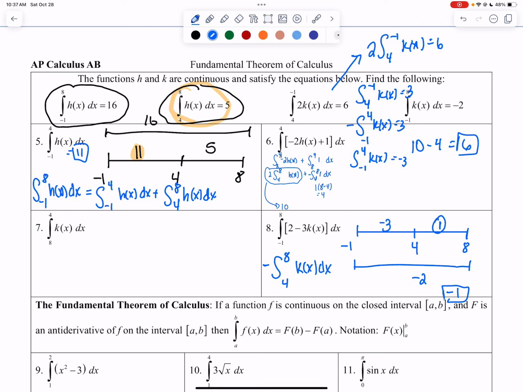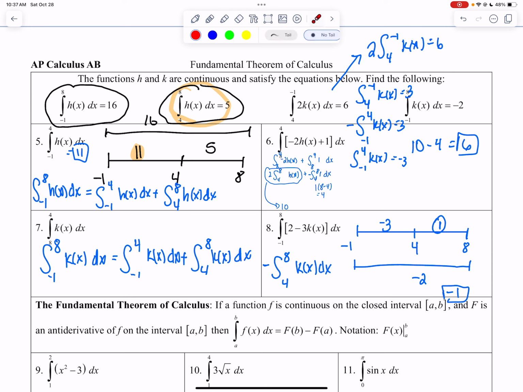So once again, I have the integral from negative 1 to 8 of k of x dx is equal to the integral from negative 1 to 4 of k of x dx plus the integral from 4 to 8 of k of x dx. And we know that for number 7, this looks like this right here.